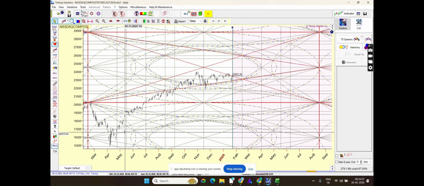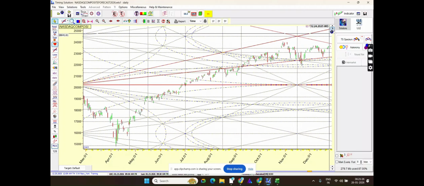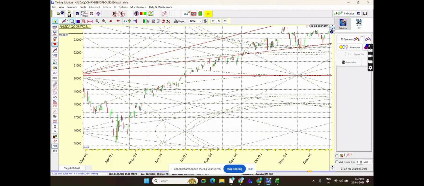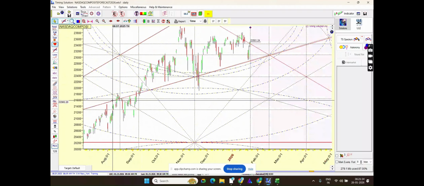Once the low was formed, we recovered here and moved into the new square. Once we come into the square, this angle acted as resistance. You can see here, this angle acted as resistance.